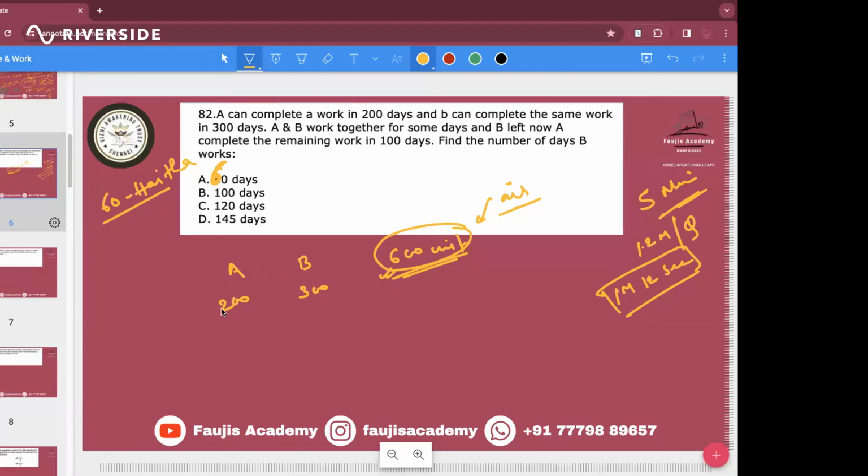This is nothing but the LCM of A and B. Can you find the LCM of 200 and 300 and tell the class what the LCM, which stands for lowest common multiple, is for A and B? Look, for 200, what will be the multiple? 600, sir.